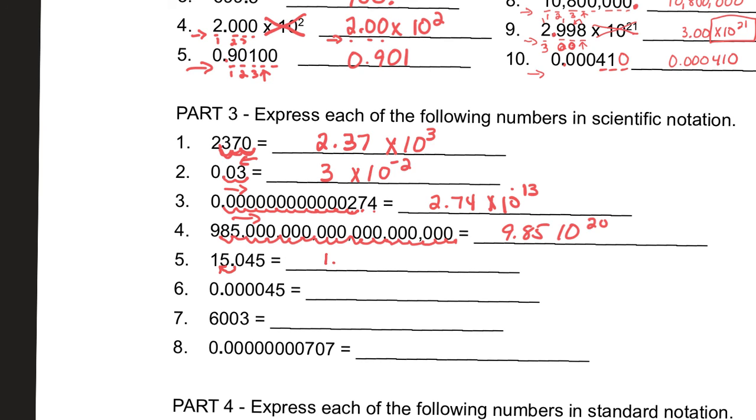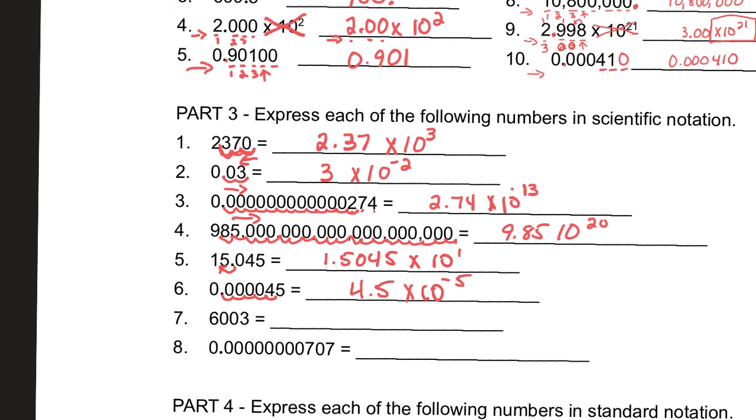So this is going to be 1.5045 times 10 to the, I moved it 1 place, so times 10 to the first. Number 6. This number has 2 significant figures, so I need 2 significant figures in my answer. I'm going to take this decimal place and move it 1, 2, 3, 4, 5. So this is 4.5 times 10 to the negative 5.